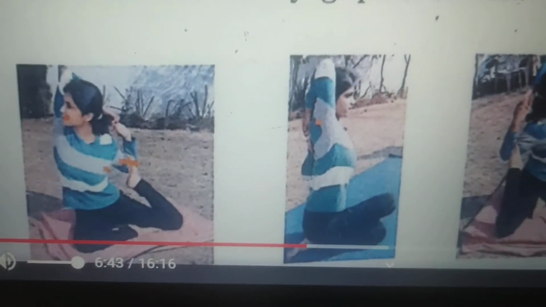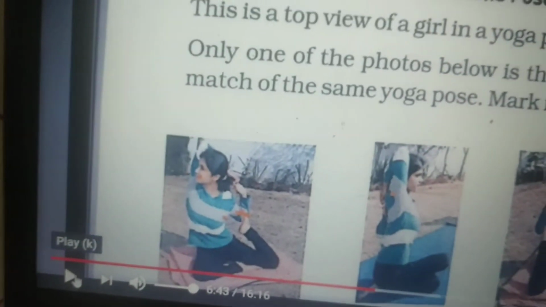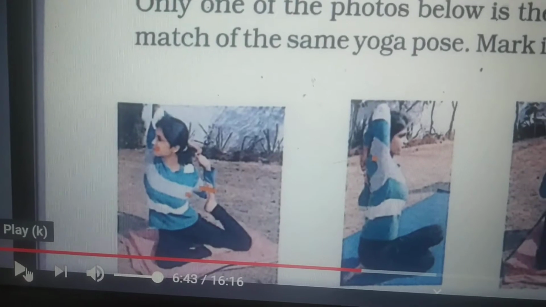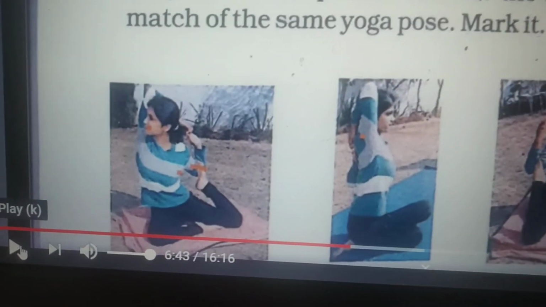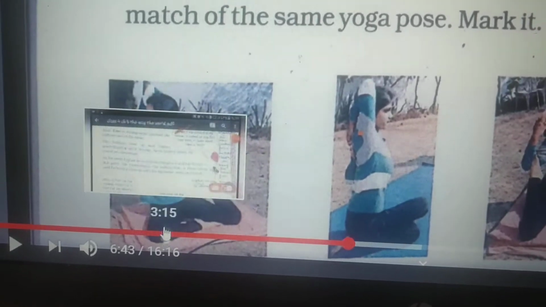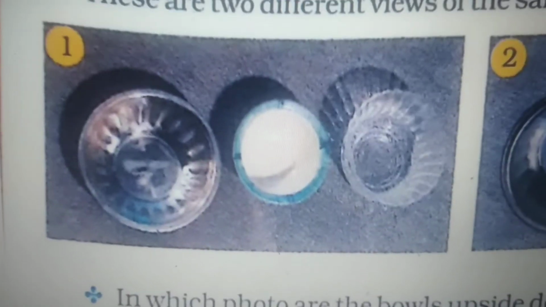We can see these 2 look somewhat correct, but only one is correct. So we can say the last one is correct because of the way she has bent her leg. Yes, this is the right picture.